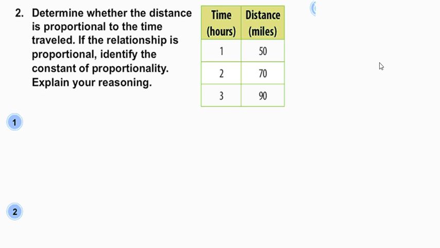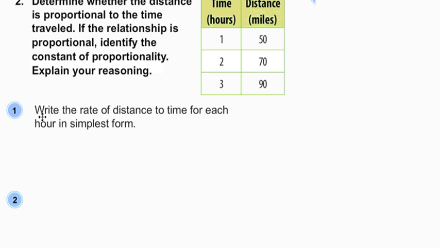Example number 2, determine whether the distance is proportional to the time traveled. If the relationship is proportional, identify the constant of proportionality and then explain your reasoning. Again, they want to do distance over time. Again, y over x. So we're going to write the ratios. So 50 over 1, 70 over 2, 90 over 3.